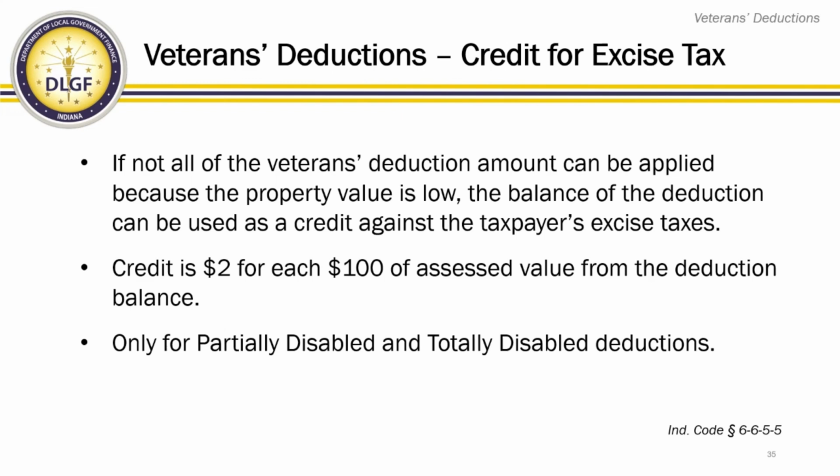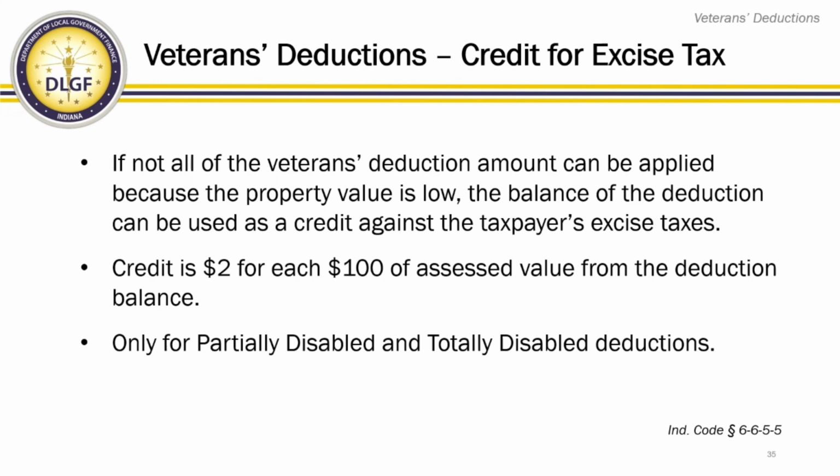So as Emily mentioned in an earlier slide, if the veterans deduction is applied after all of the other available deductions, such that the assessed value of the taxpayer's property has been zeroed out and there's still veterans deduction left unapplied, that balance can be used as a credit against the taxpayer's excise taxes.